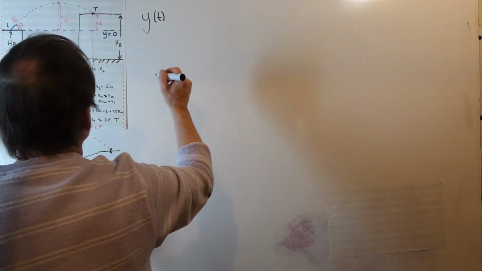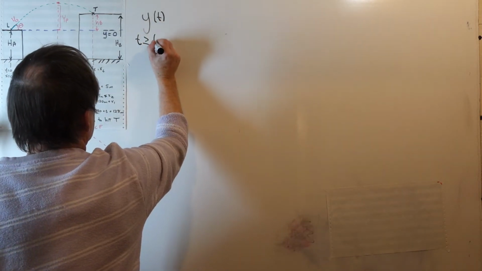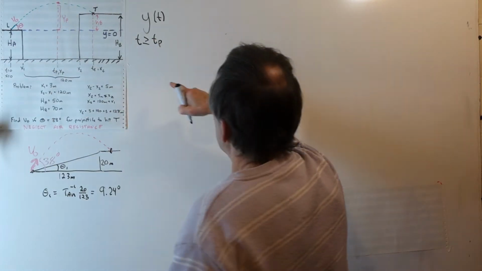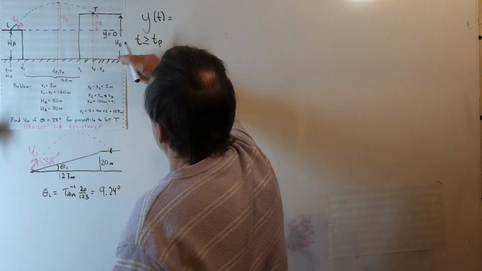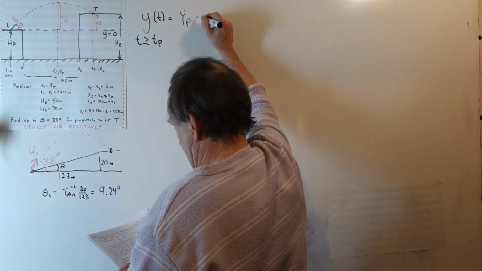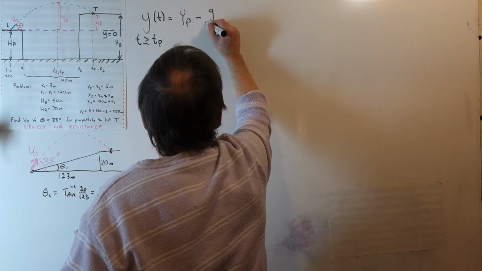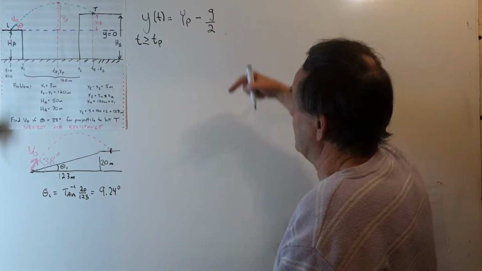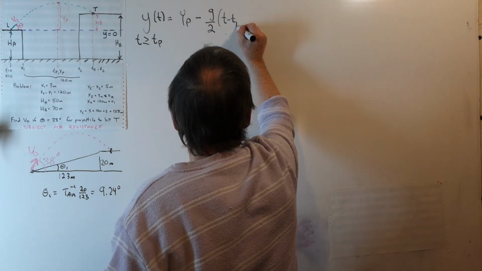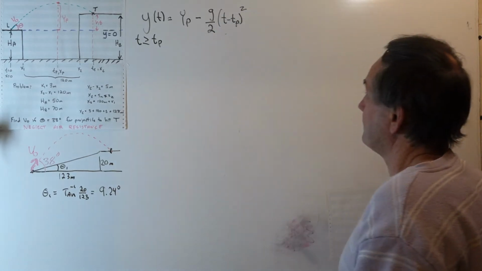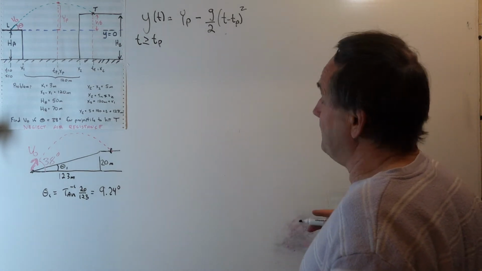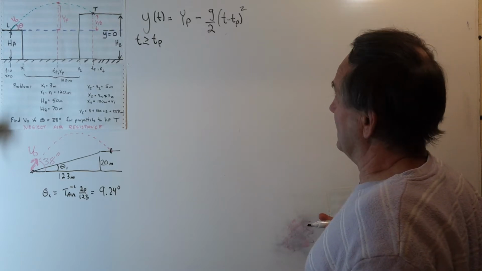Now again, this is for t greater than or equal to the time that we reach the peak. So for t greater than t peak, y will be the peak value, y peak, minus 1/2 the acceleration due to gravity, times t minus t peak squared. That is our equation. We had this from our last video on ballistic flight.